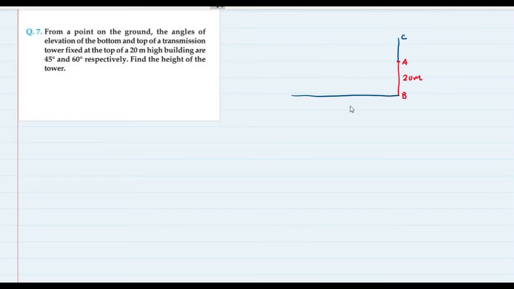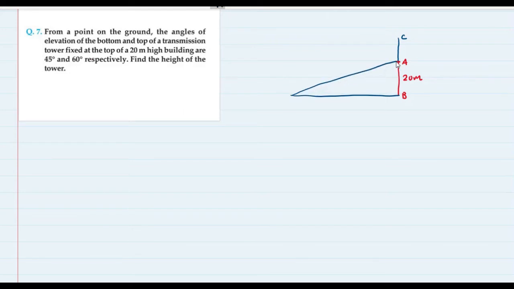From a point on the ground, the angles of elevation of the bottom and top of the transmission tower fixed at the top of the 20-meter high building are 45 degrees and 60 degrees.